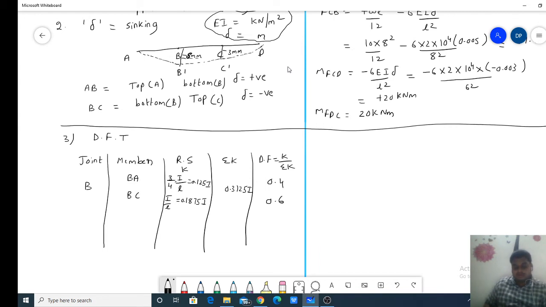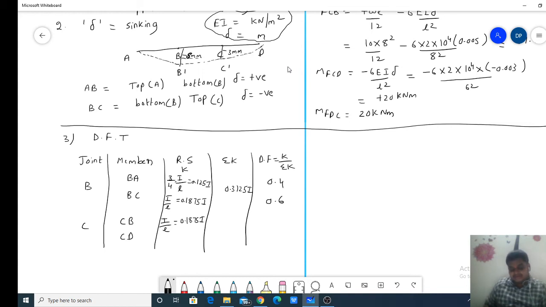Now coming to the other joint C, for C, CB is there and CD is there. So B is continuous, once again this will be I upon L, but for BC I is 1.5, which I am putting, so this comes out to be 0.1875 I, right?